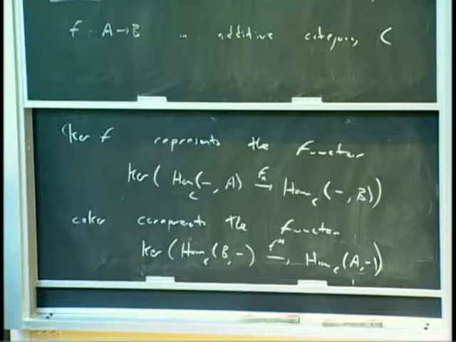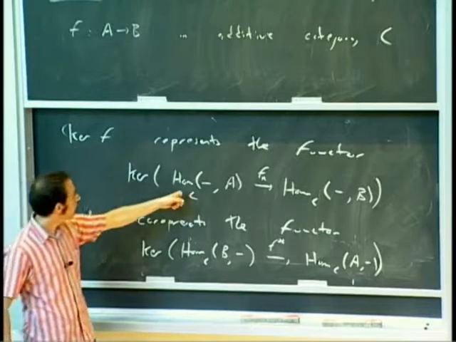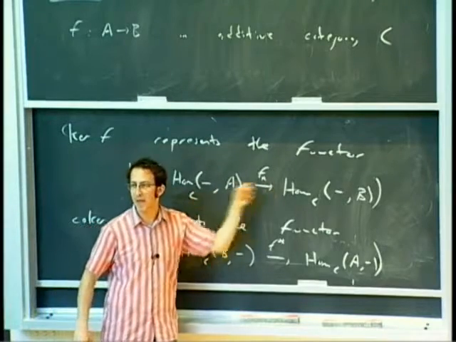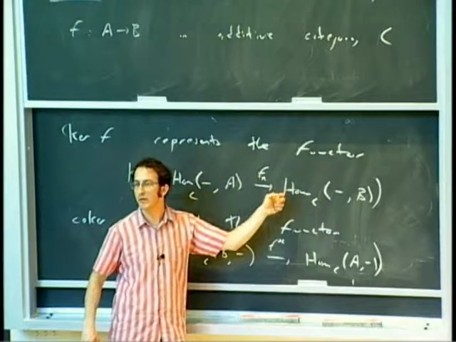So it probably doesn't exist in that case, right? So the kernel, this is a map of groups, and that has a kernel.